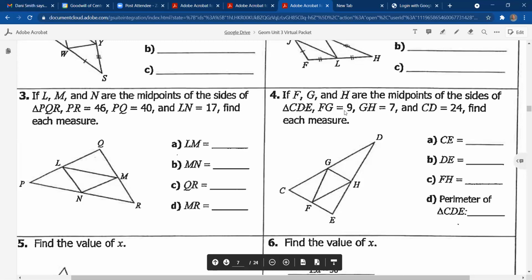FG is 9, so automatically you should realize that ED is twice that much. It's 18. So now we've got 24 and 18, that's 2 of the 3 sides. GH is 7, which means CE is going to be 14. So 24, 18, and 14 is going to give you the perimeter.